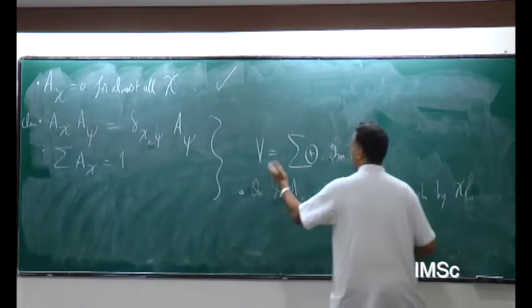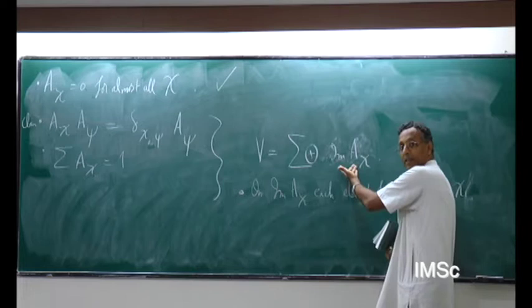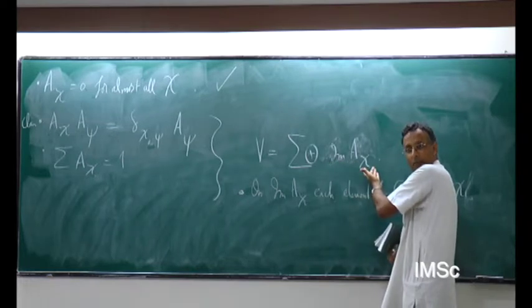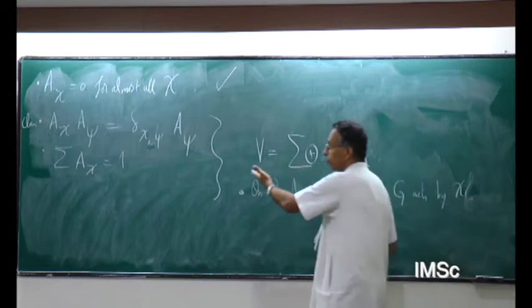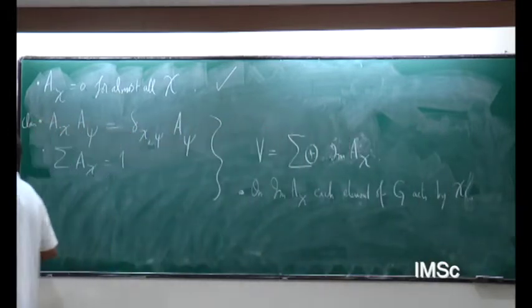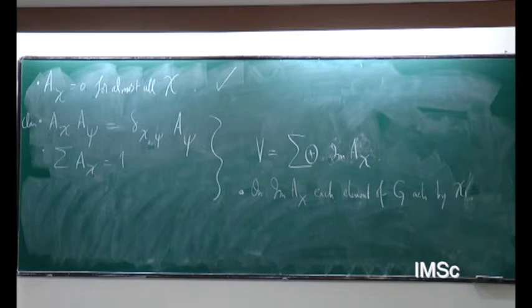Because now I choose a basis for the image of A chi. How is it a direct sum of one dimensional representations? Well, you write each image of A chi in any which way you want as a direct sum of one dimensional spaces.